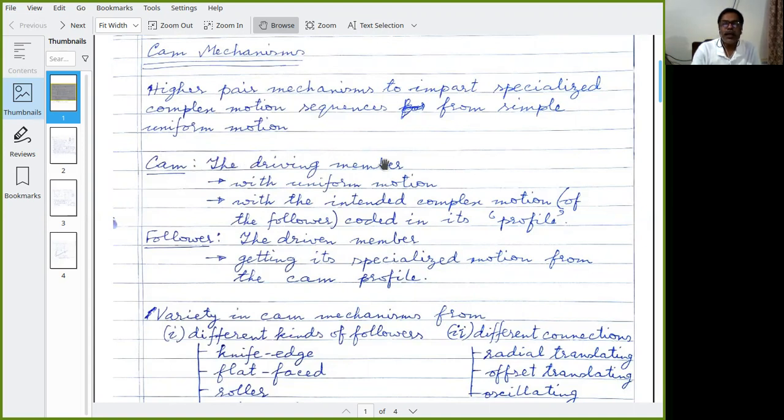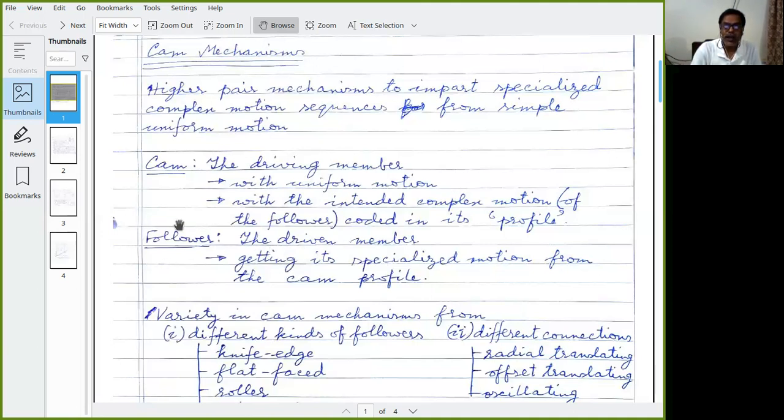And this, for most of the time, goes through uniform motion, and its profile has encoded the intended complex motion of the driven member, which will actually manage to open and close the valves or give whatever specialized motion to whichever component.